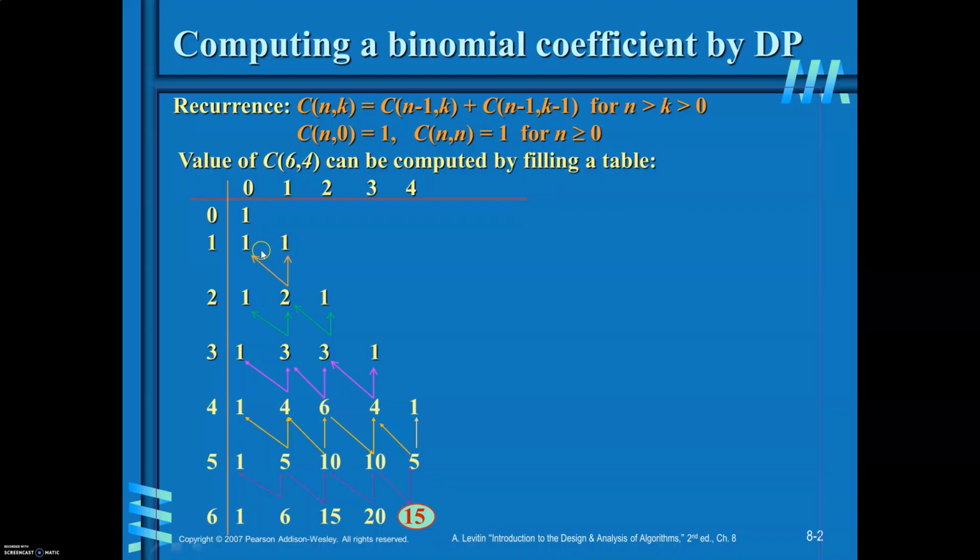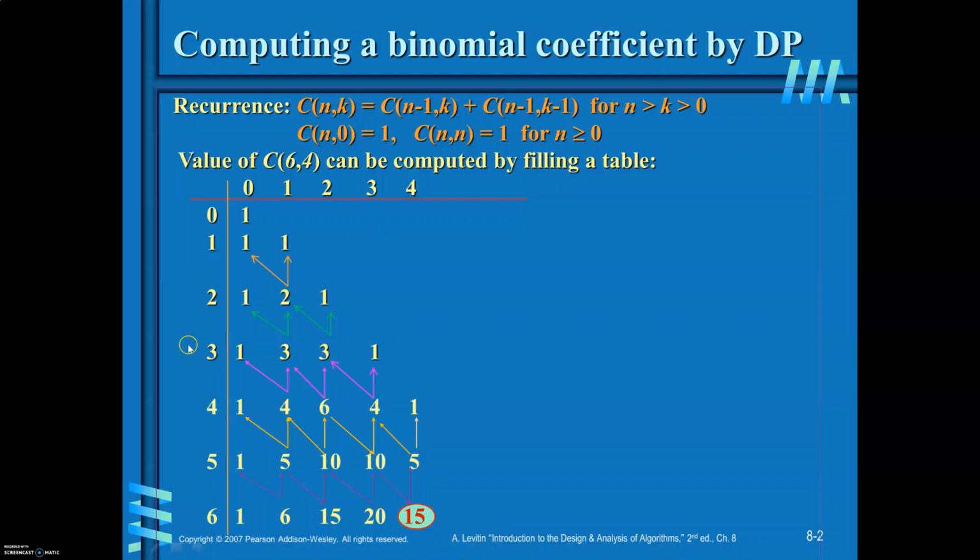So summation of these two will give you 2, and here 1. Similarly C(3,0) is 1, C(3,1). How do you find this? Previous row is 2, previous row, previous column is 1, 1 plus 2 is 3, and similarly in order to find this, these two values are considered.